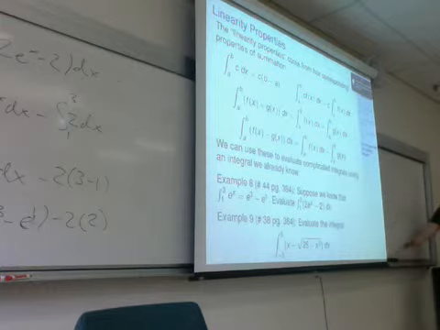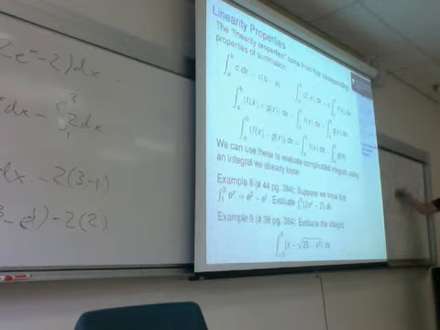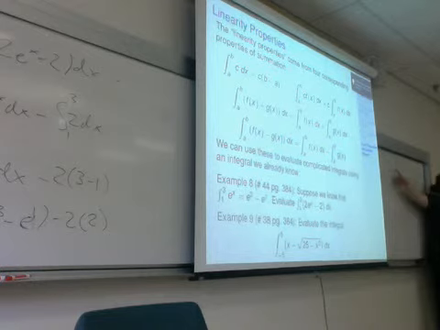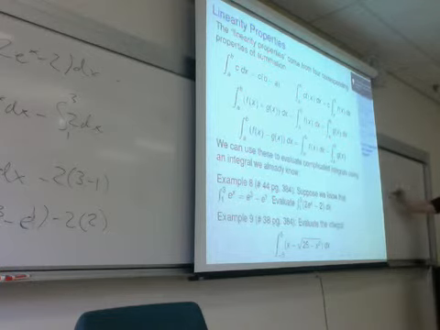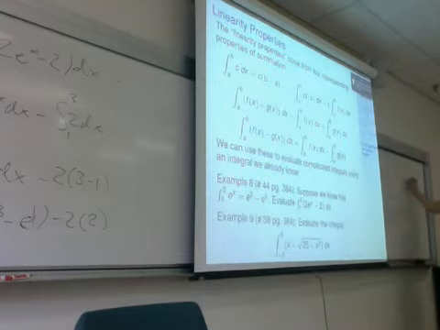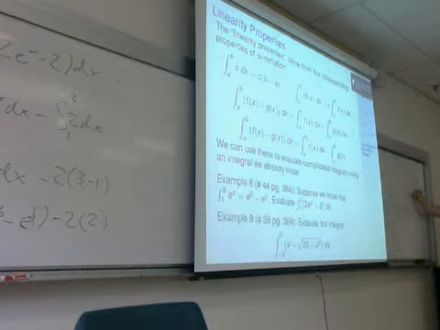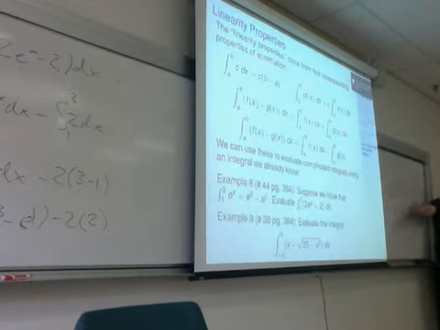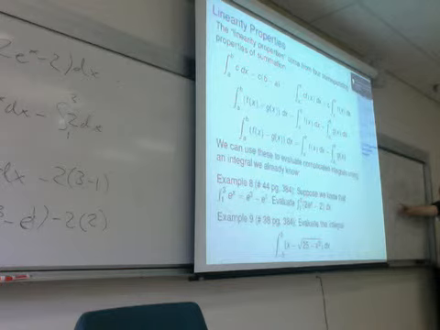But what I can do is notice that there's something minus something else. So we can split it up as two separate integrals. Then, if we look at this shape, what does this shape look like?